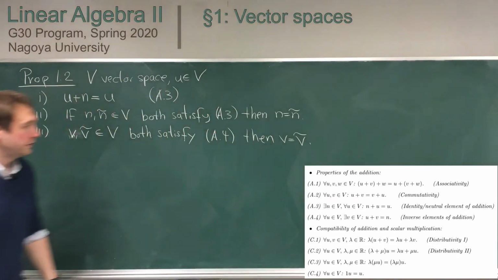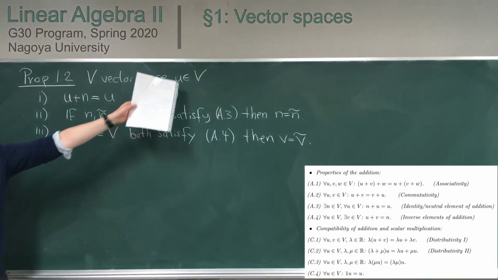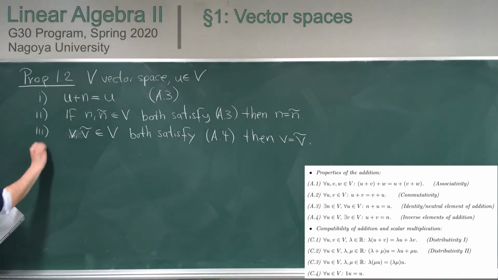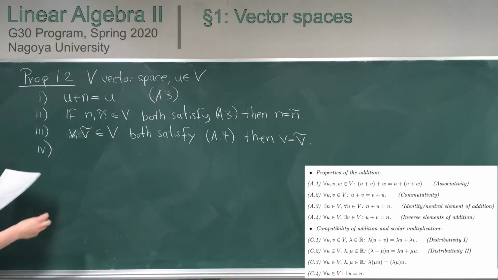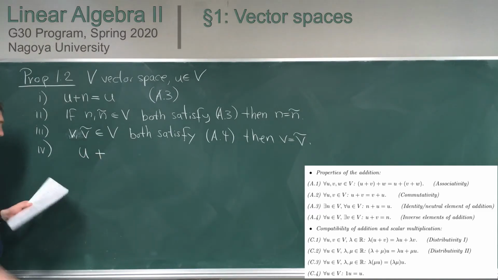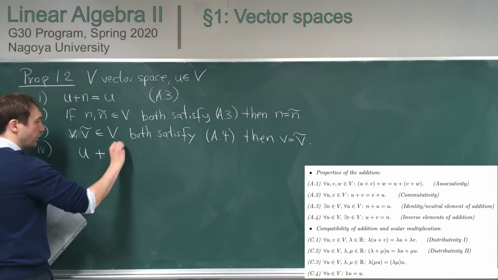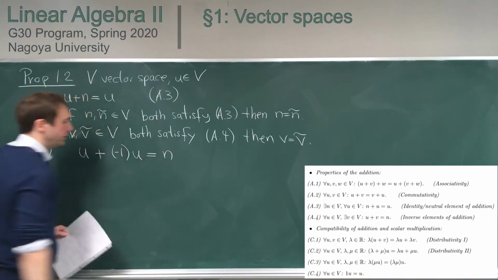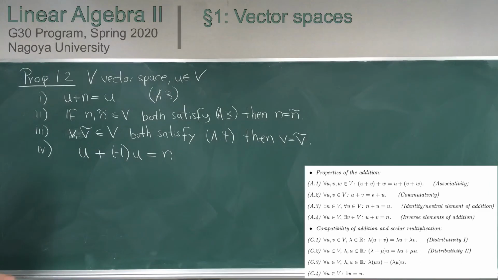Meaning that the inverse element of a fixed element u is always unique. And then the fourth statement is that if I have u and I add to this minus 1 times u, then this is this identity element n.